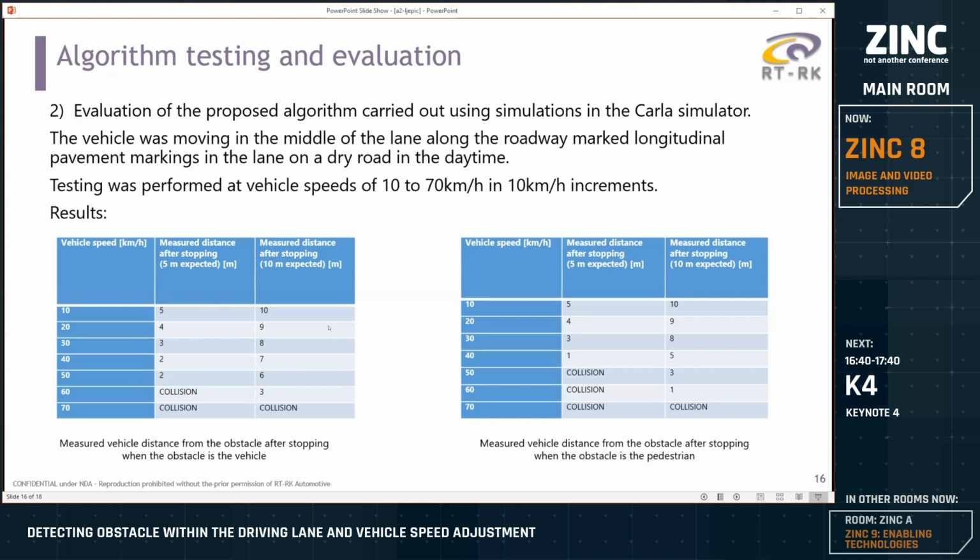You can see in the tables that only at the lowest speed our vehicle stopped at the expected measured distance. With greater speed, there is some deviation, and finally, when we reach higher speeds, we have a collision with the obstacle. Also, as expected, this error is higher when we have a pedestrian as an obstacle than when we have just a vehicle.